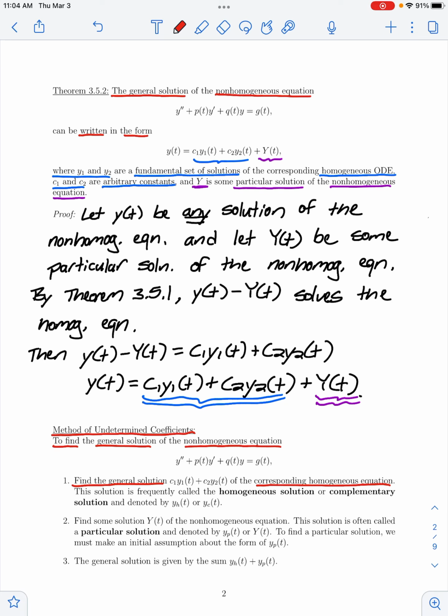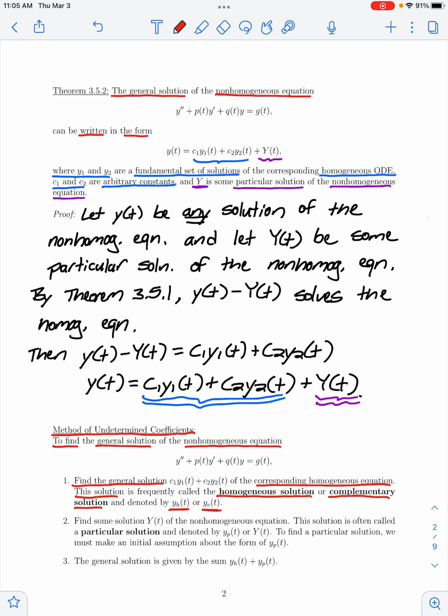So to solve a non-homogeneous equation, we will first solve the corresponding homogeneous equation, which we know how to do using the techniques from earlier in chapter 3. And this solution is frequently called the homogeneous solution, or sometimes complementary solution, and it's denoted by either y sub h of t for homogeneous solution, or y sub c of t for complementary solution.